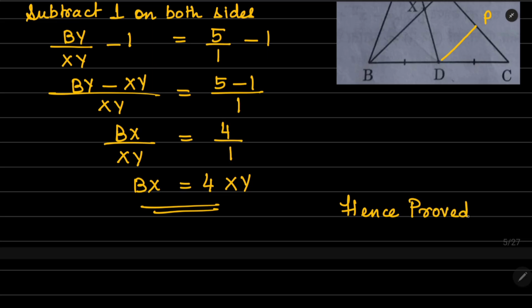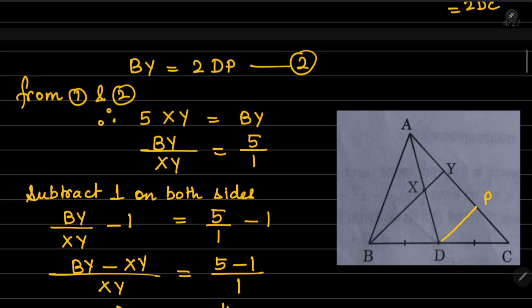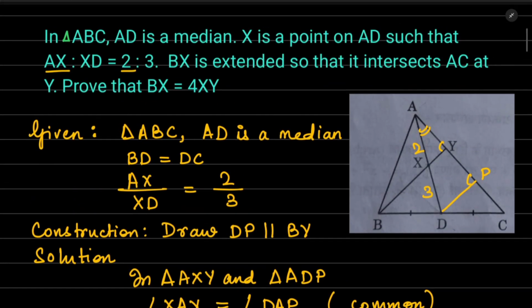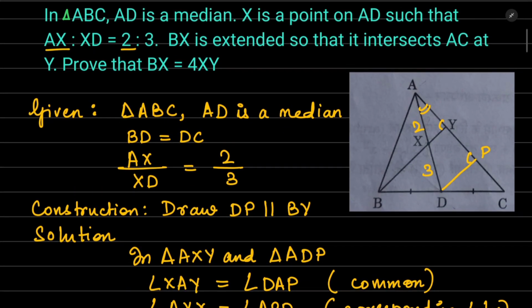So this is a little trickier question. The minute you see this question, you should have already done this question in the first place. The first thing to do is draw a construction, that is this new line DP onto your AC, which is parallel to BY.